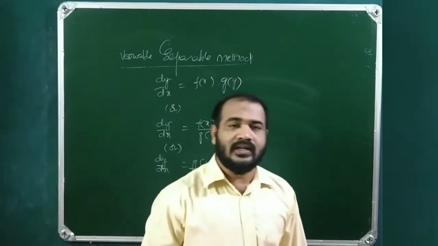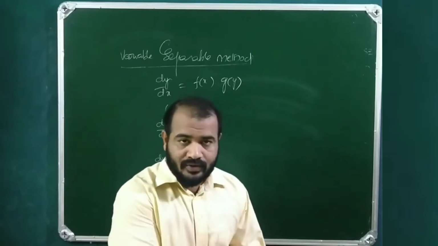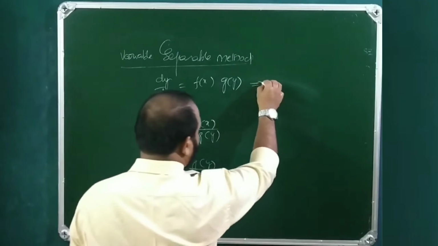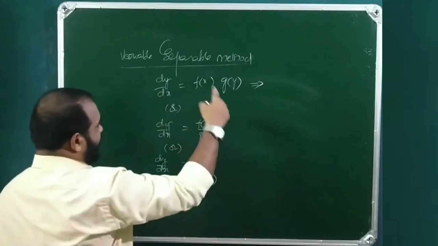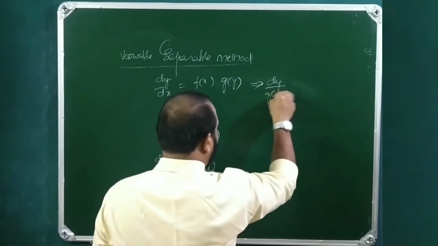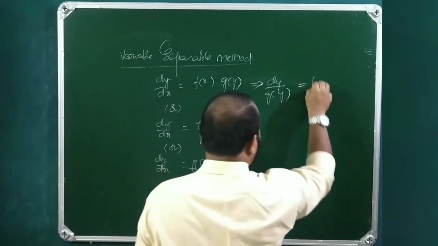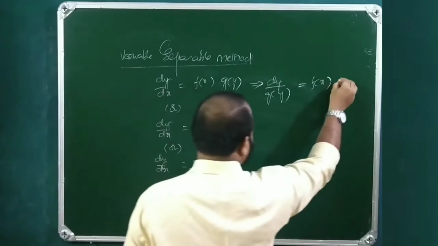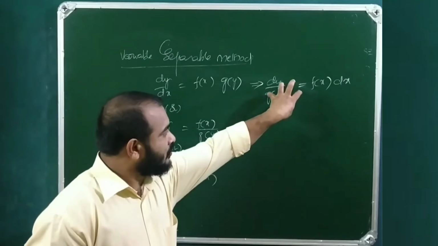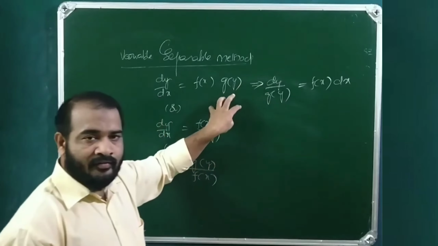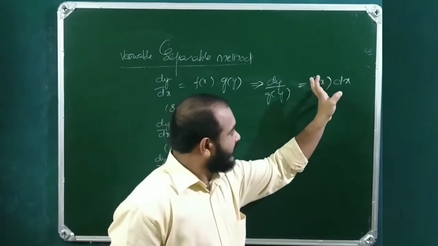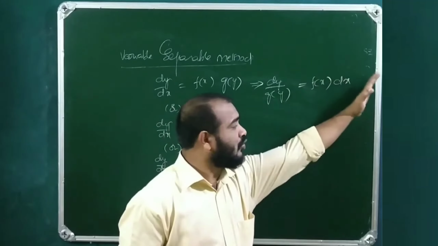What are the variables here? x and y. We need to separate the variables. As far as the first situation is concerned, here dy by g of y is equal to f of x into dx. That means all the terms of y came onto the LHS and the x terms went to the RHS.